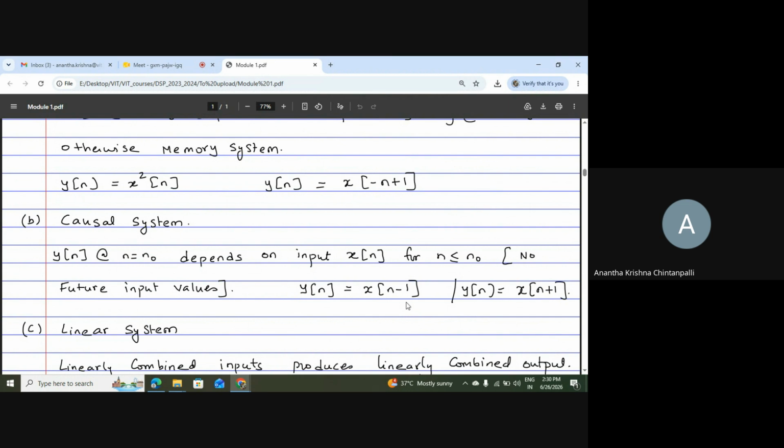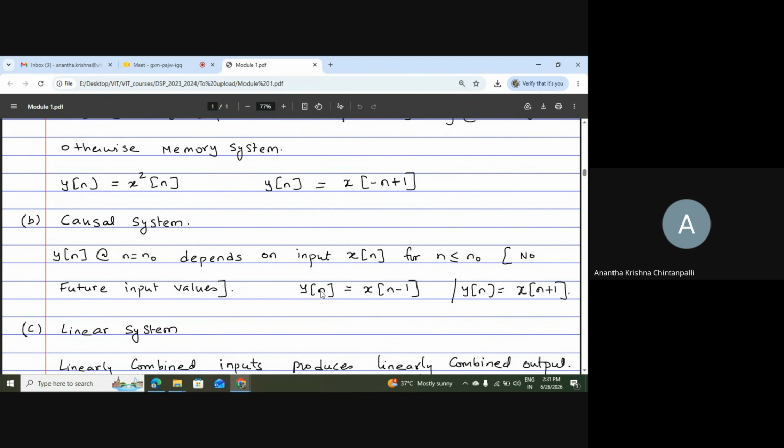So there are three possible scenarios. It depends upon the input value at n is equal to n naught, or it depends upon the previous values, which is n less than n naught, or it depends upon the present and the previous value, which is n less than or equal to n naught. Three different cases will pop up, but make sure that it should not have a future value.